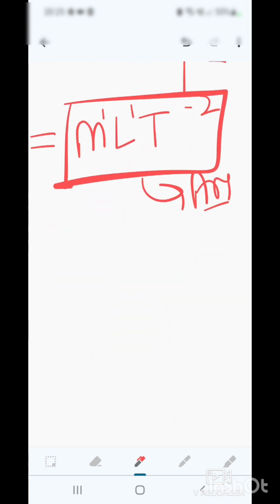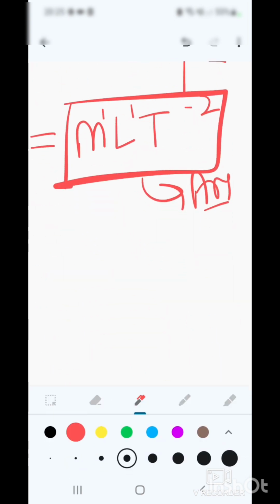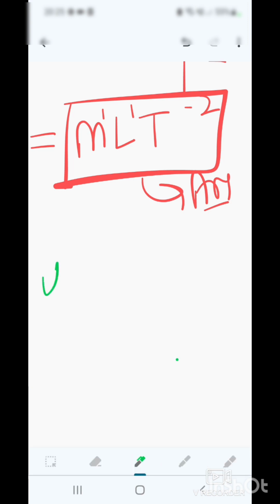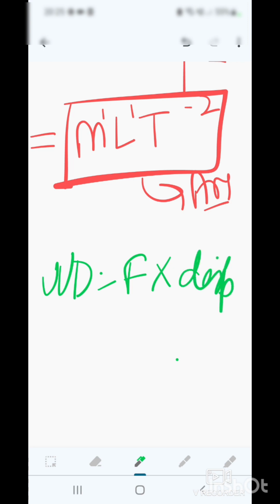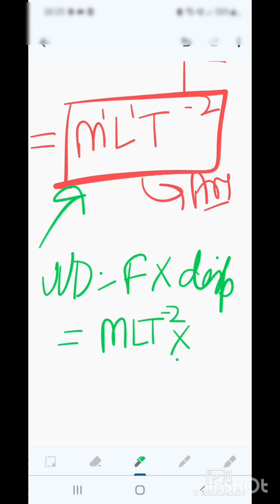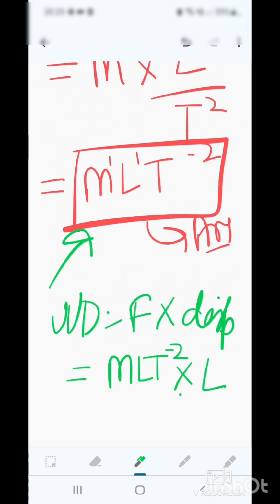Next thing is work done. Work done is equal to force into displacement. So force will be MLT minus 2, as we have taken out above. Also, this is a very important formula, so you need not forget this.